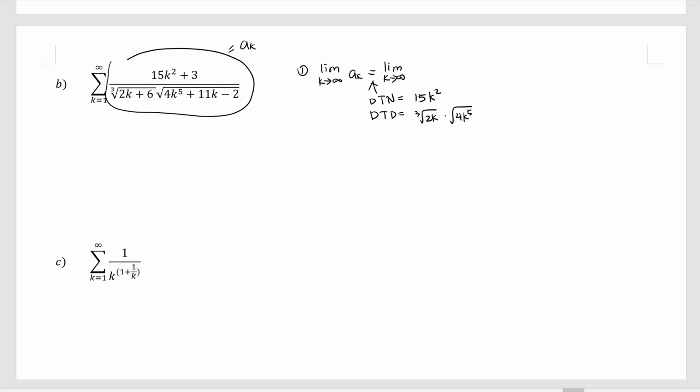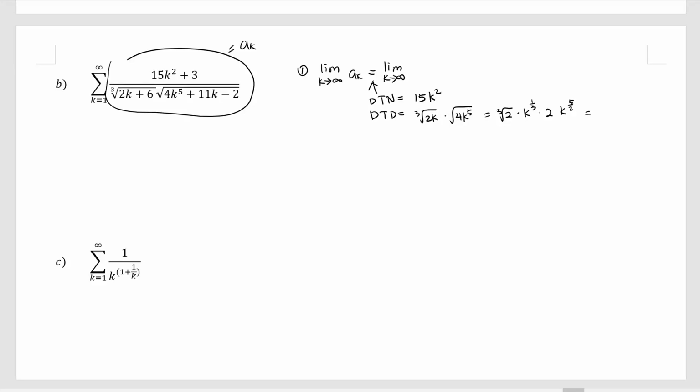So those are the dominant terms. Let's group the coefficients together. This is like cube root of 2, and then k to the 1/3. Square root of 4 is 2, right? And then we have k to the 5/2.